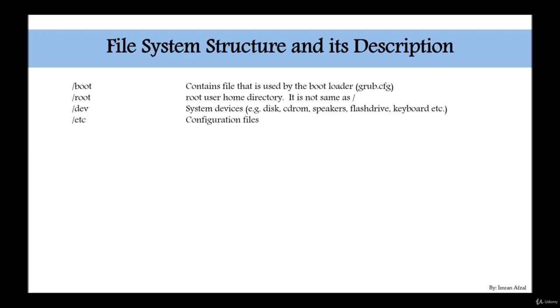Moving forward, the next one is /etc. It is also one of the most important directories in the Linux file system. It has all the configuration files. If you are running SendMail, NFS, NTP, or any kind of application that runs on top of your Linux system or comes with it, all those configuration files are located in /etc.